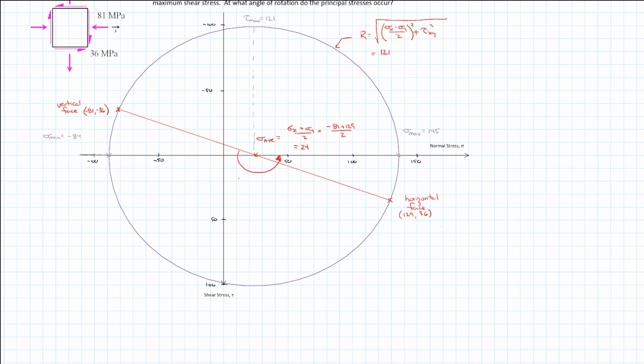So that is 2 theta p. And I'm just going to use it graphically and say that that's about 180, call it 200 degrees. So theta p is approximately equal to 100 degrees rotation.